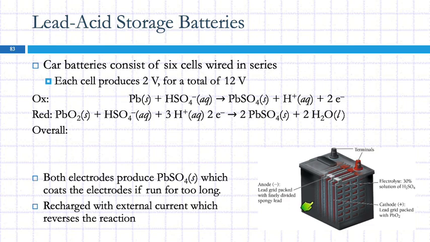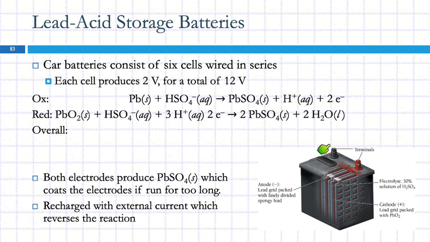So inside here, the anode is a lead grid that is packed with spongy lead. The electrolyte solution here is going to be a 30% solution of sulfuric acid. So that's going to be pretty corrosive.